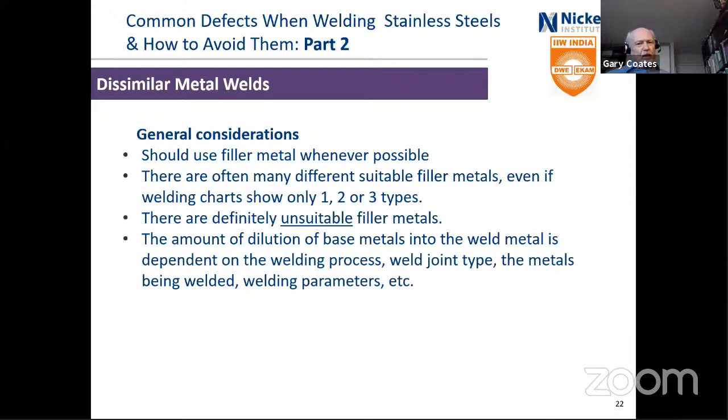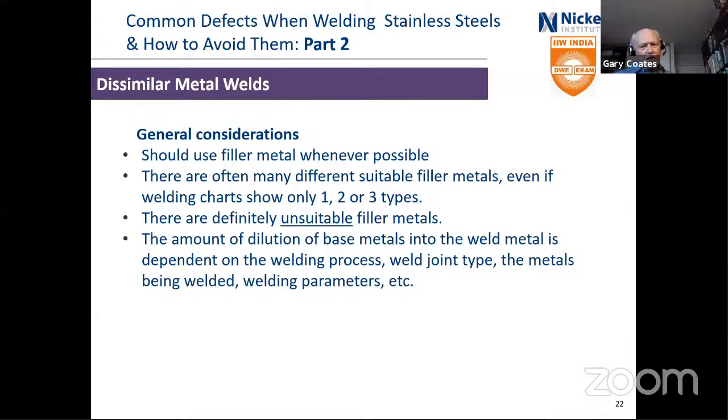Most of the filler metal charts show one choice of filler metal, and that's fine, but usually there's 2, 3, or more. So if somebody says, I'm going to use this alloy to do that weld, and you have a chart that says that's not that alloy, it doesn't mean that it's wrong. But there are definitely wrong or unsuitable filler metals.